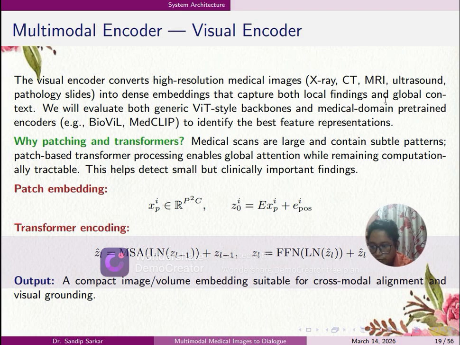To achieve this, we will evaluate two types of encoders. First one is vision transformer, ViT. Second one is a medical domain pretrained encoder, that is BiomedCLIP, which already incorporates domain specific knowledge.